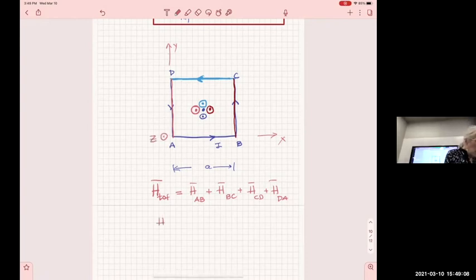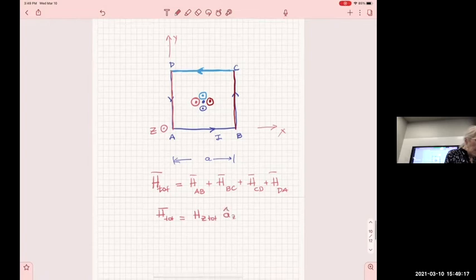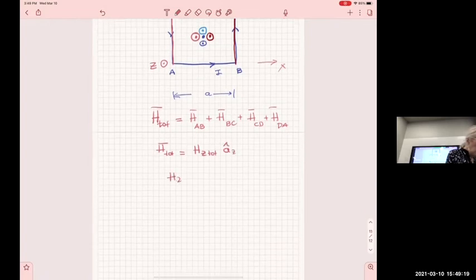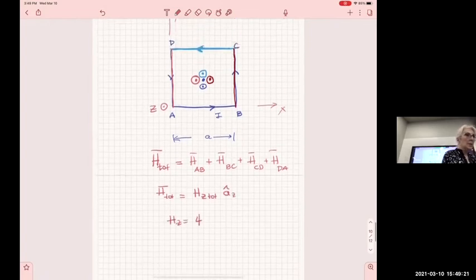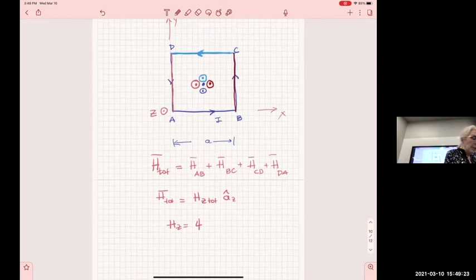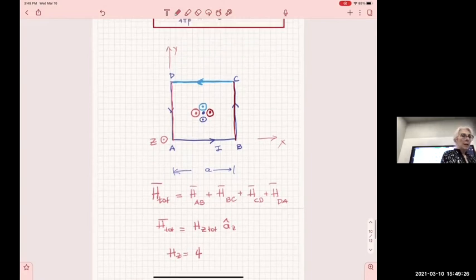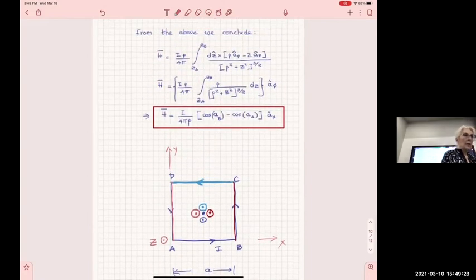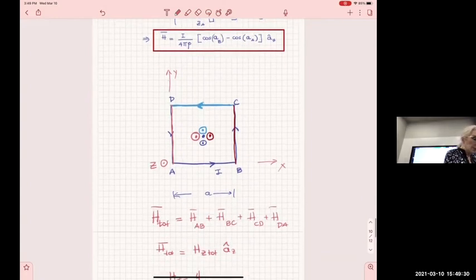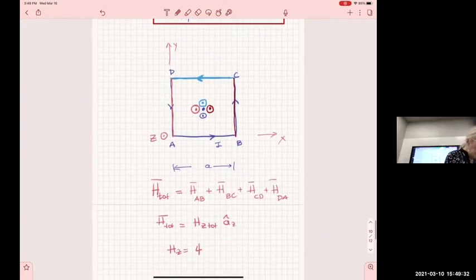So your H total will be H sub Z total, where H sub Z total is going to be 4 times the magnetic field from AB. And how much is that? This one here. All right, and it's going to be 4 times I over 4 pi. What is the distance here? This is A over 2.